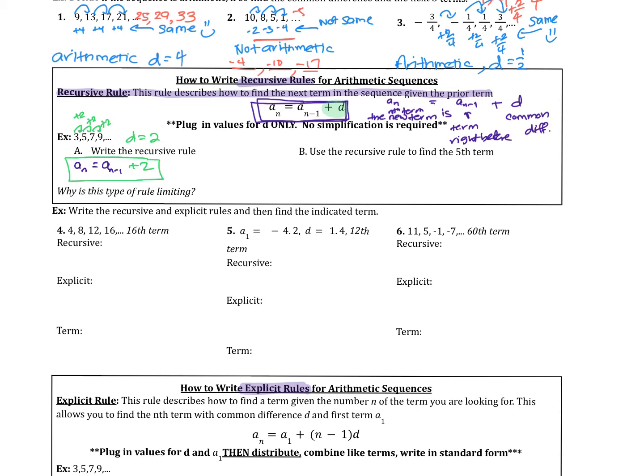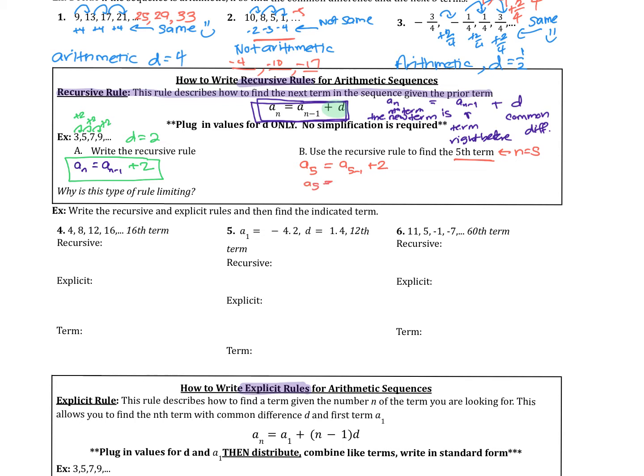Now, just to make sure we actually understand what this is saying, what if I asked you to find the fifth term? Let's use n equals 5 in our recursive rule to see what that means. So a sub 5 will equal a sub 5 minus 1 plus 2. Okay, this still seems a little bit confusing. Let's take it a step further.